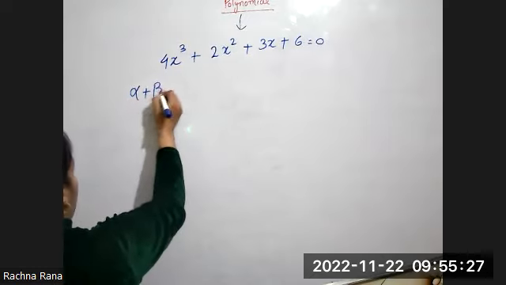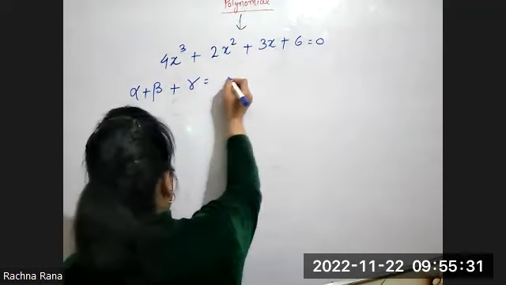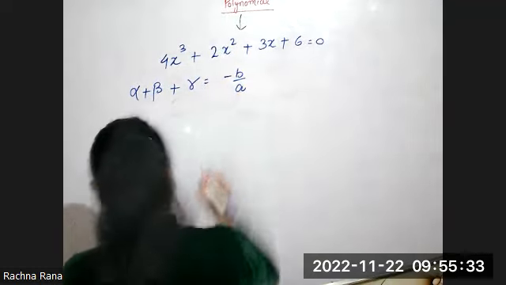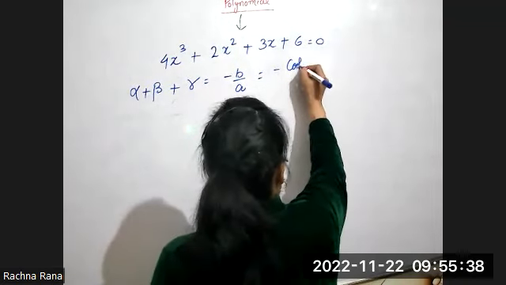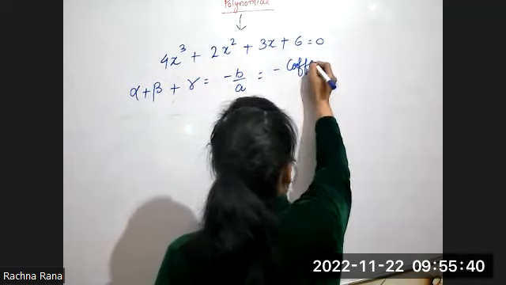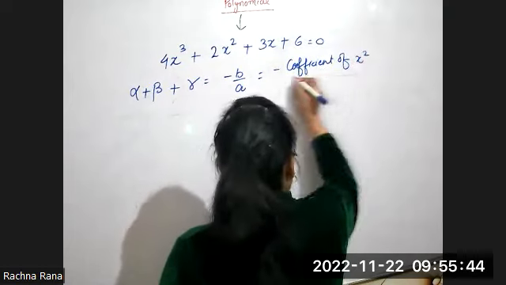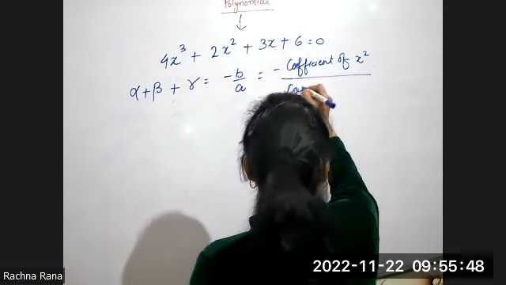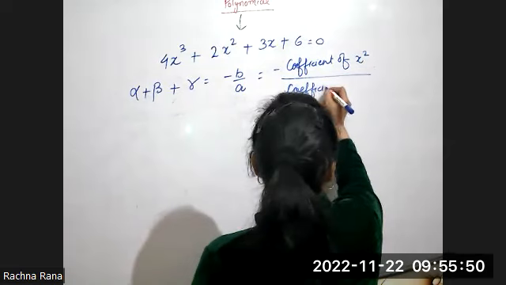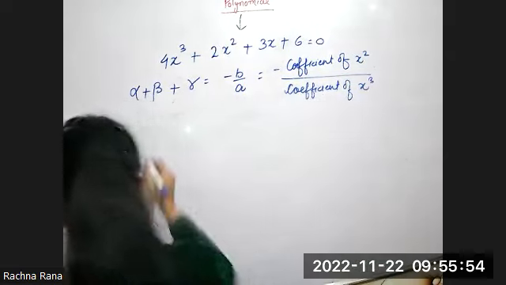Alpha plus beta plus gamma is equal to minus b over a, that is equal to minus coefficient of x raised to power 2 over coefficient of x raised to power 3.